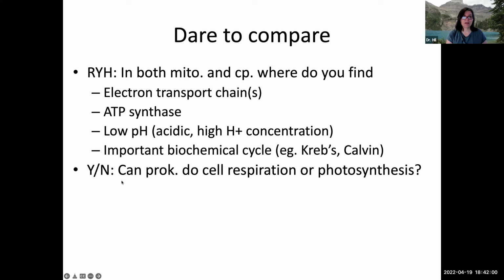And just a reminder, can prokaryotes do cellular respiration or photosynthesis? We've just described how those processes work in the mitochondrion and in the chloroplasts, which are only found in eukaryotic cells. Can prokaryotes do cellular respiration or photosynthesis since they do not have either of these organelles?